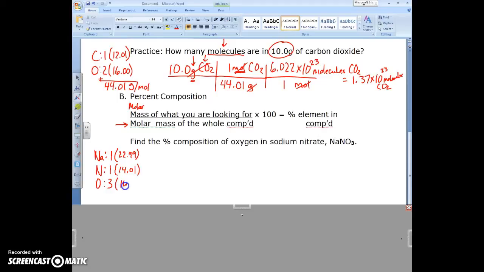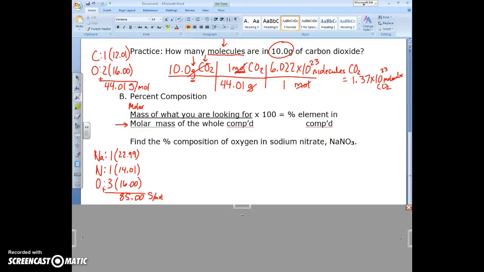And each oxygen is 16. I add all that up together, and I get a molar mass of 85 grams per mole. All right, so that's the mass of the whole thing.